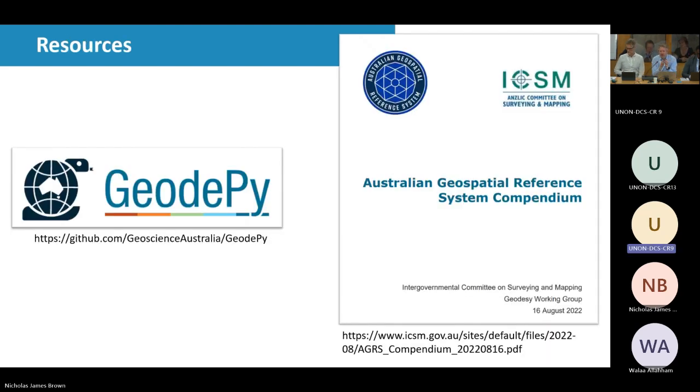Here's some information where you can understand this a bit better. So I'll start with the one on the right-hand side, and that's called the Australian Geospatial Reference System Compendium. So essentially everything that we're covering this week, all the different modules we're covering this week, the way that we did that in Australia is documented in that manual, in that compendium.